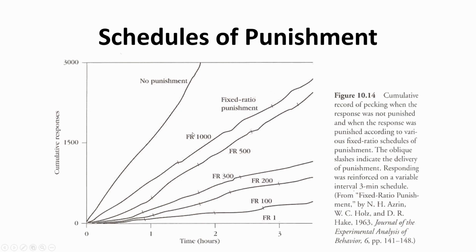So we do still see a reduction in that behavior, even if only 1 out of 1,000 of the responses is being punished, but it's still not as sort of dramatic of a decrease in that responding behavior as if there was every single response being punished. So the delivery of punishment can also affect how quickly that behavior decreases.